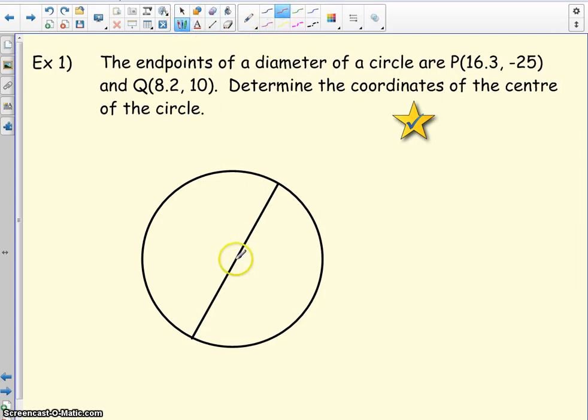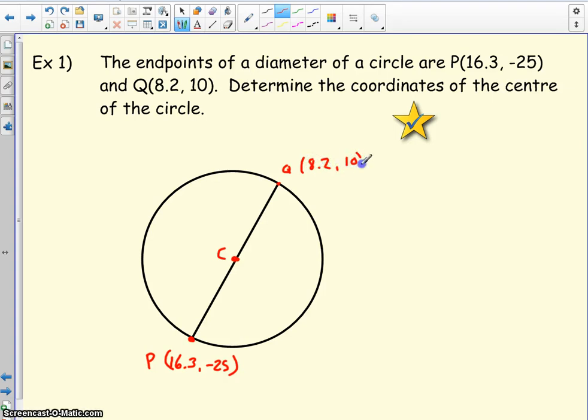So I'm going to put my center somewhere around here. The endpoints of this diameter we're saying are (16.3, -25), that was point P, and point Q is at (8.2, 10).